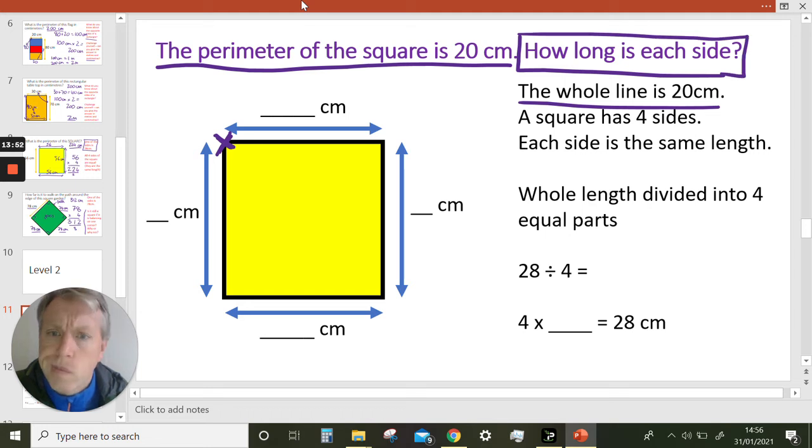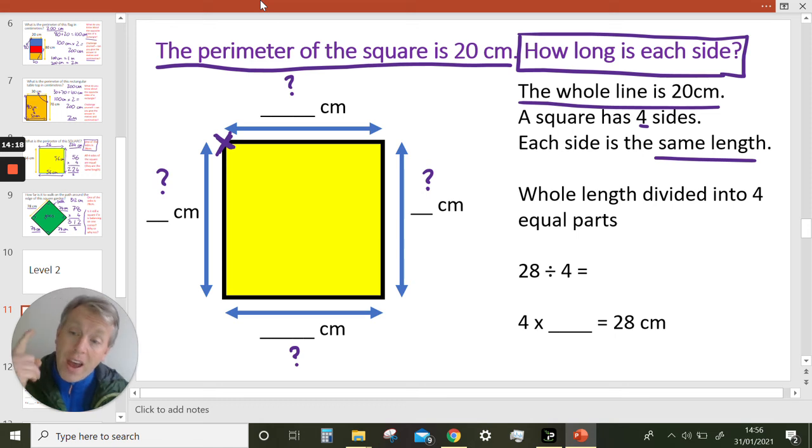Well, the whole line, the whole perimeter is 20 centimetres. And I know that a square has 4 sides and that each side is the same length. So I don't know how long this side is, or this side, or this side, or this side.